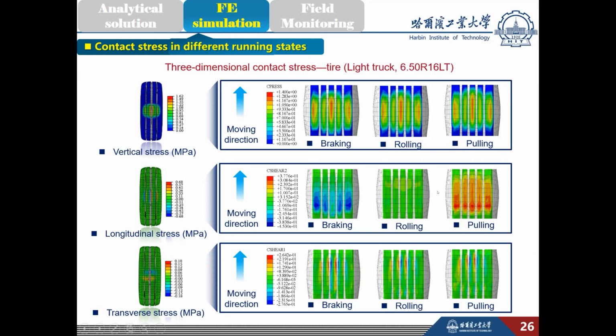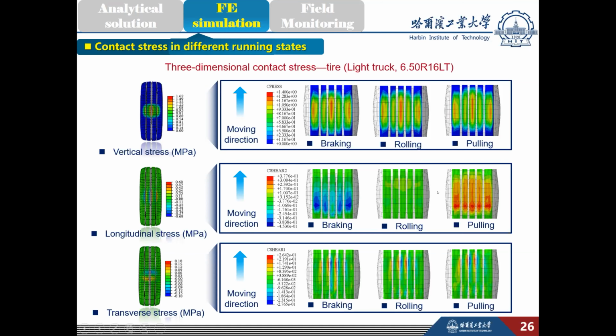In contrast, the running states have little effect on distribution and magnitudes for vertical or transverse contact stress. So after getting three-directional moving loads as input, we could eventually calculate dynamic responses of asphalt pavement by finite element simulation. The top right is one typical pavement structure in China we adopted. We have three asphalt layers and two semi-rigid base courses.